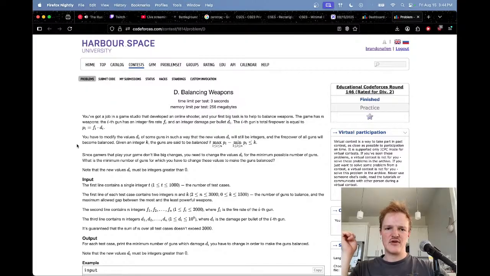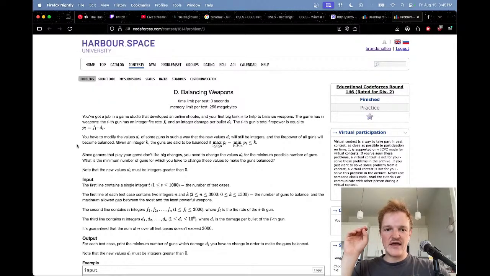Got a job in a game studio, developed an online shooter. Your first big task is to help balance weapons. The game has N weapons. The i-th gun has an integer fire rate and an integer damage. The i-th gun's total firepower is equal to the product. You have to modify the values damage at i of some guns in such a way that the new values damage at i will still be integers, and the firepower of all guns will become balanced.